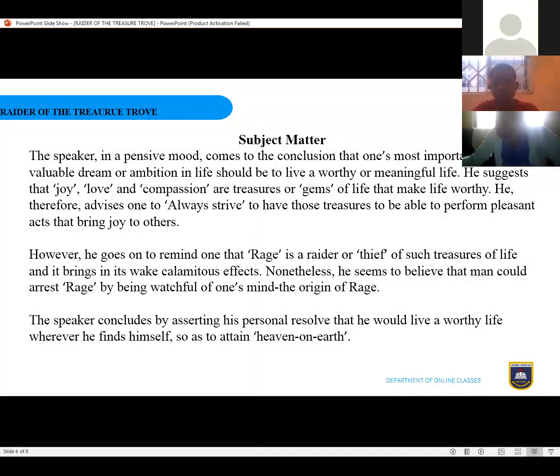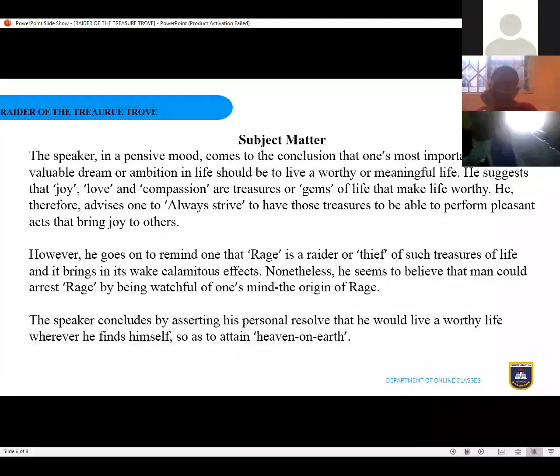So if as a human being, you're able to understand what other people are going through, and you're able to come down to their level to help them, it means that you're having compassion on them. So the poet is suggesting that joy, love, and compassion are the treasures.